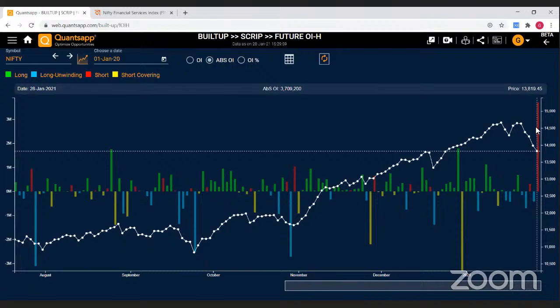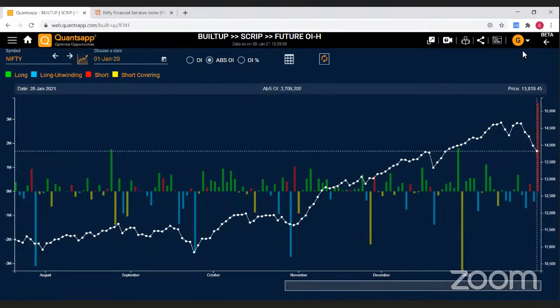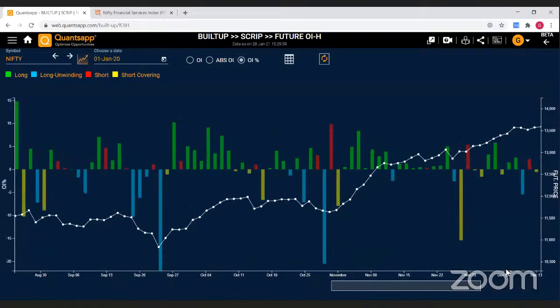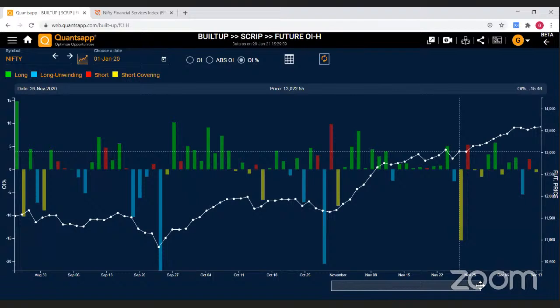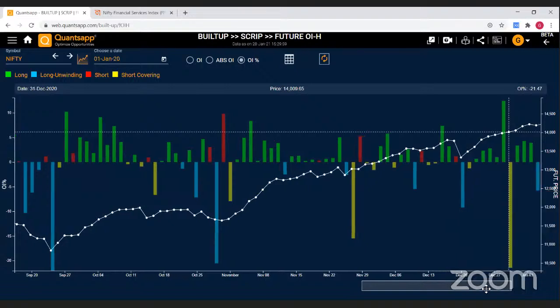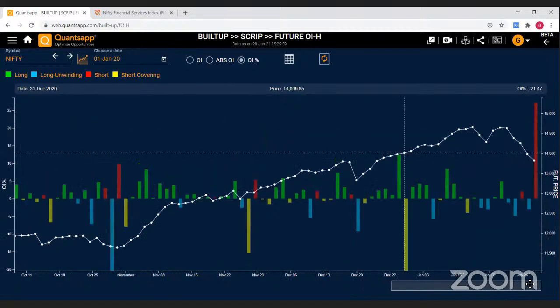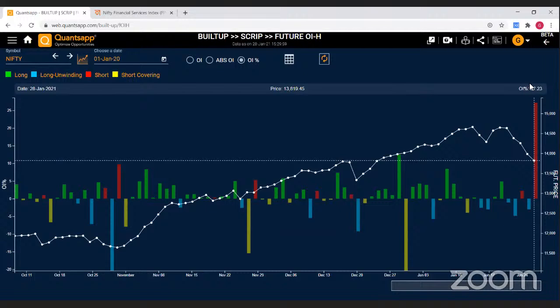So I can see there's a short buildup that happened today with the increase in the OI. So I'll take the OI change percentage. I can say the OI for Nifty today increased by 27%.